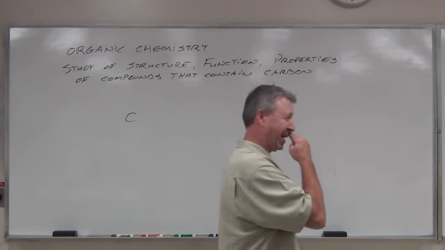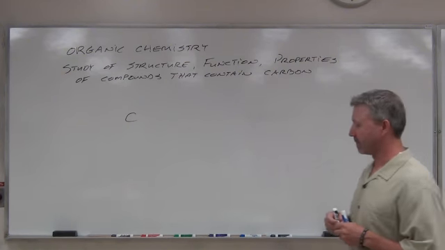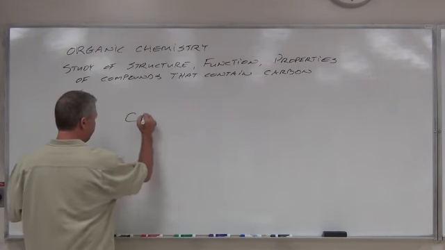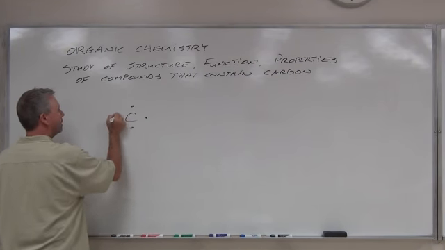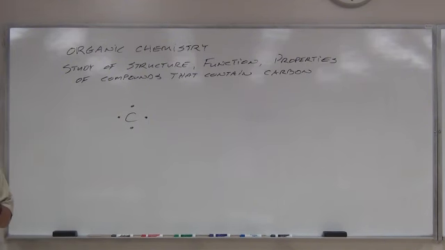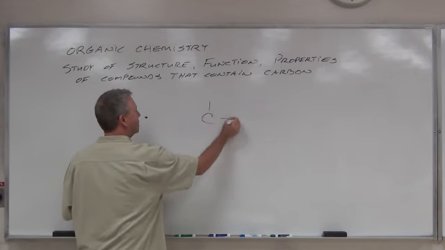Now we know that it is in group 4. So if we look at its Lewis structure, we see 4 electrons, which means we can form 4 bonds, right?